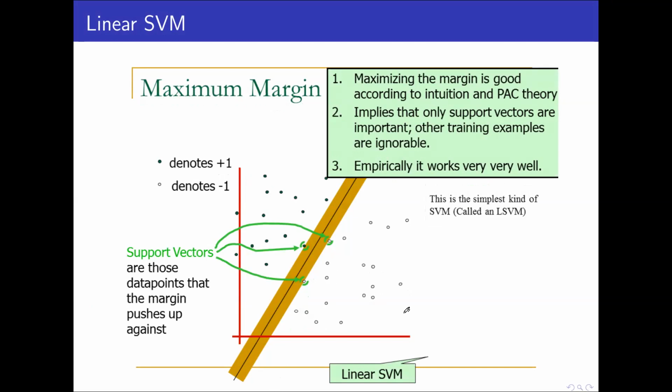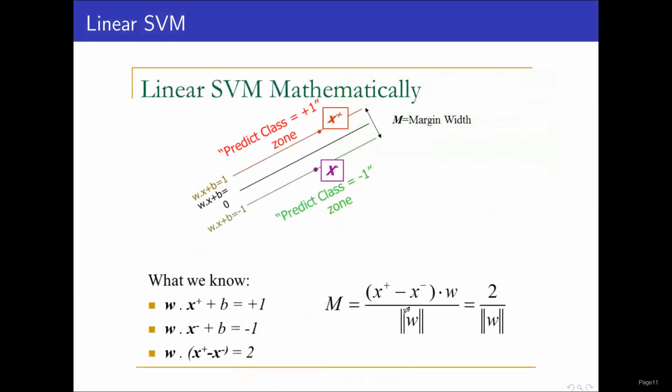Support vectors are those data points that the margin pushes up against. So this is the mathematical equation: x plus means the sample taken from the plus class, x minus is the sample taken from the minus class.